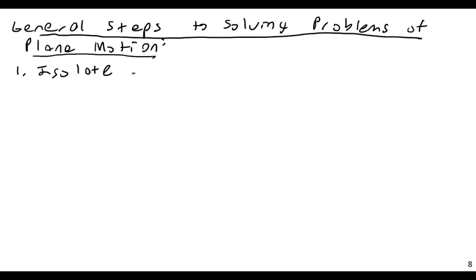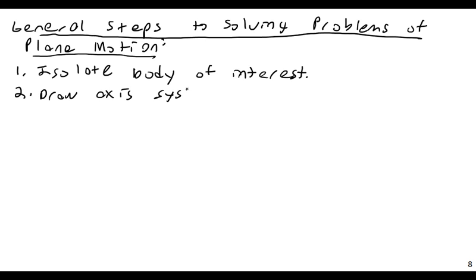In other words, make it a free body, and replace any support forces with just force arrows. Second, draw the axis system. What I mean by this is whether you're talking about Cartesian, polar, whatever it may be.